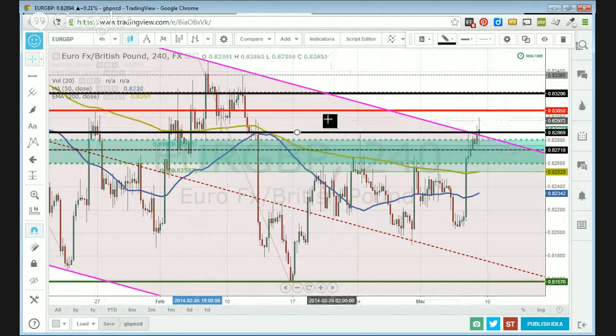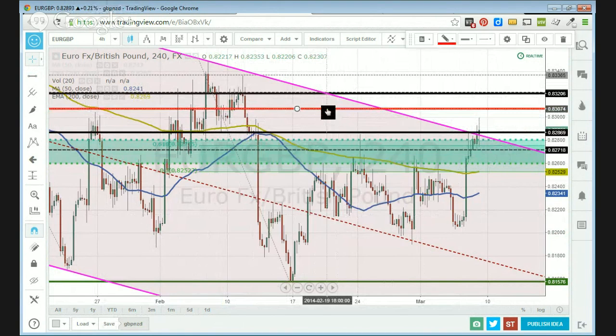In terms of where this stop should be, move that just a little bit higher there. So we'll enter at 82.86, stop at 83.07. So pretty tight stop there. And we'll target 81.57. Let's zoom back out to the daily.